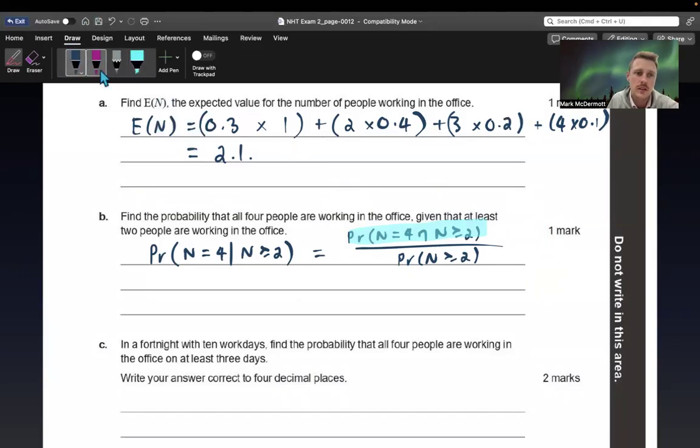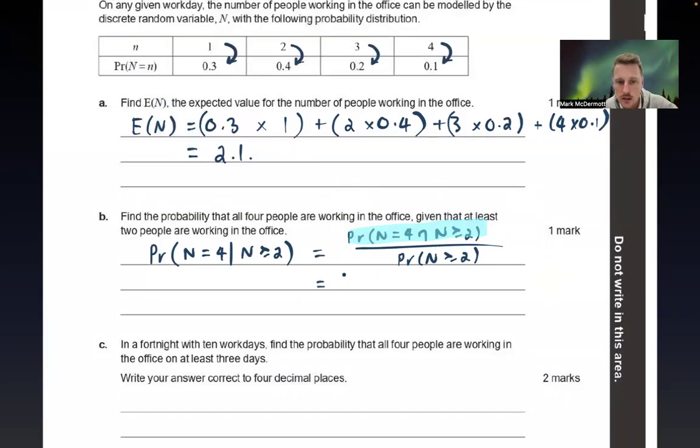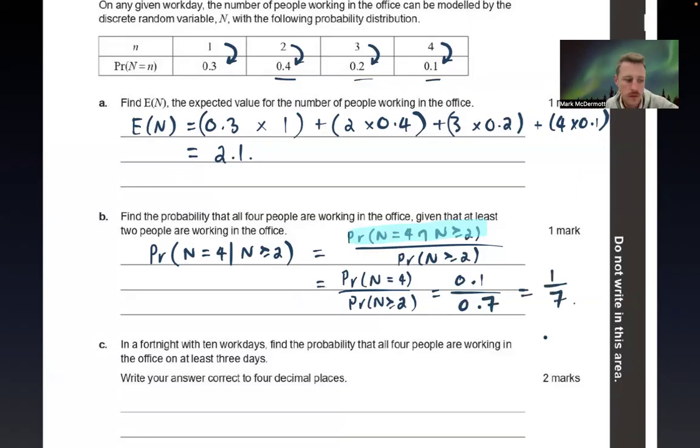So that top numerator is just the probability n equals 4, divided by the probability that n is greater than or equal to 2. Okay, so the probability n equals 4 is 0.1. The probability n is greater than or equal to 2 is 0.4 plus 0.2 plus 0.1, which is 0.7. That's 1/7. So I think the answer is 1/7.